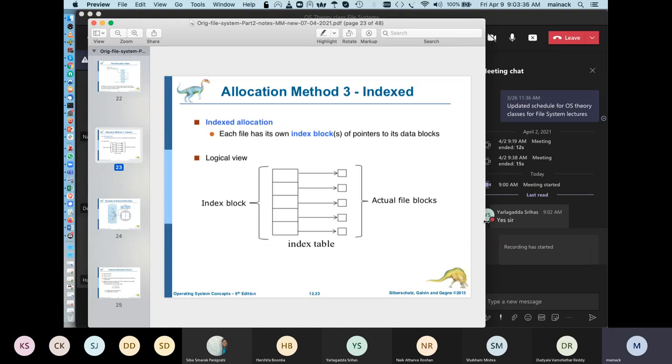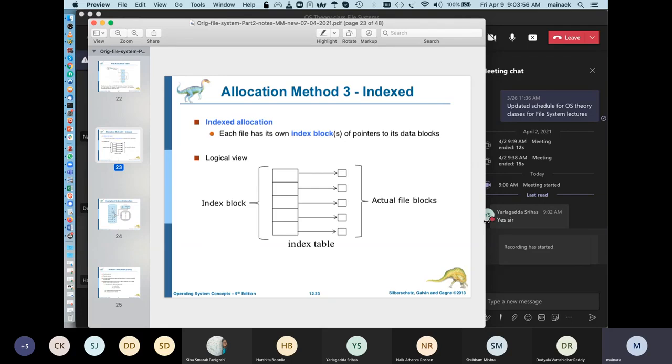However, it's slow. In the absence of this FAT, the table, this linked allocation cannot support efficient direct access. And what is the trade-off for FAT? Well, you need to keep that FAT table somewhere, right?